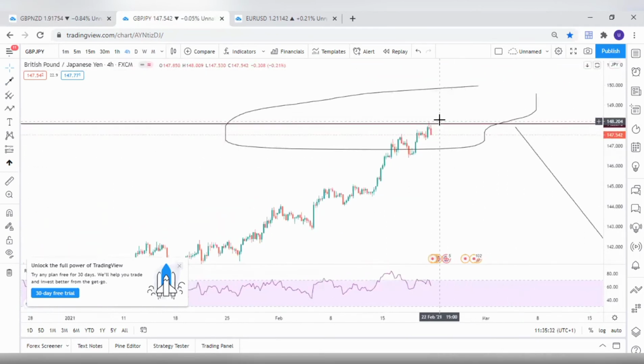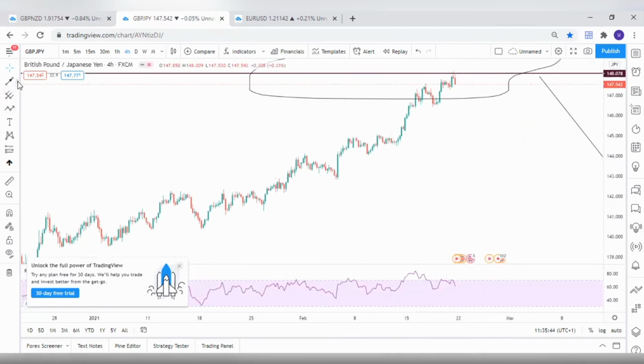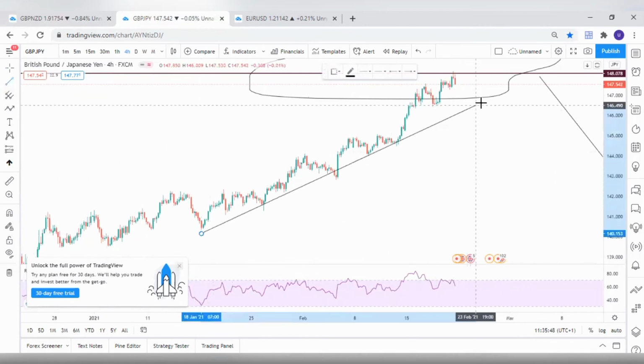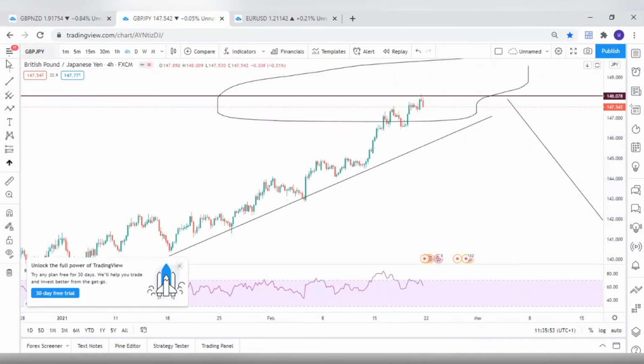It has formed a morning star, an evening star kind of candle here, which means that price is coming to the downside. And mind you, this is a resistance level, which also makes sure that price is coming to the downside. You see, this is the last uptrend. So what do we expect?